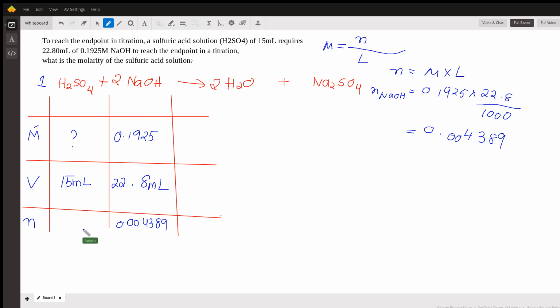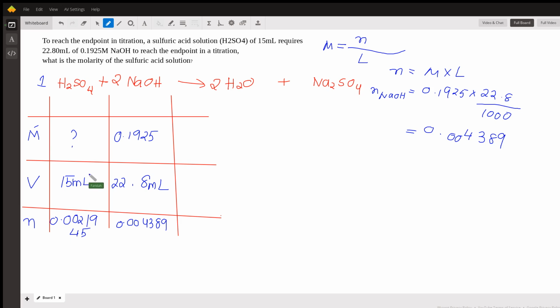So you divide the mole of sodium hydroxide by two, and you get the mole of the sulfuric acid, 0.0021945.